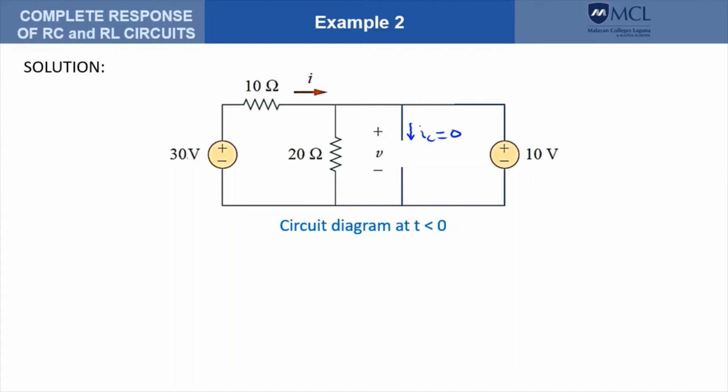Therefore, we can say that our current through the capacitor before t equals 0 is 0, while the voltage at or before t equals 0 is, well, the capacitor is directly in parallel with this voltage, therefore we can say that this is equal to 10 volts.